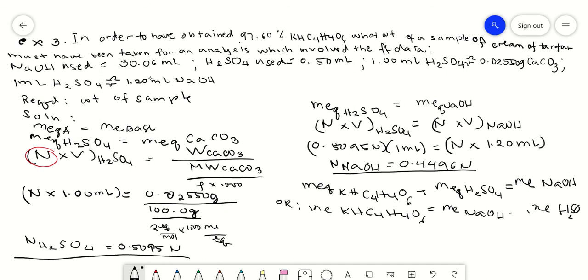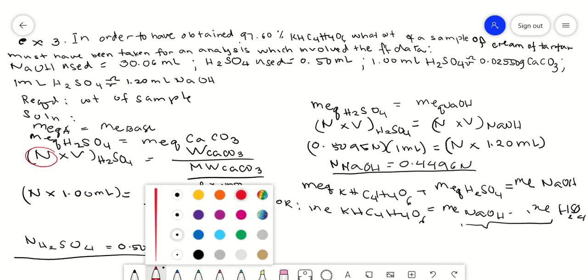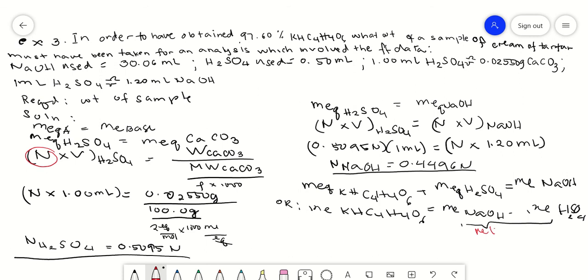This is another approach. So this would be the net milliequivalents.